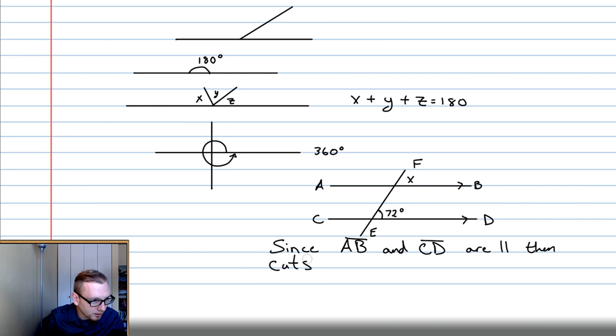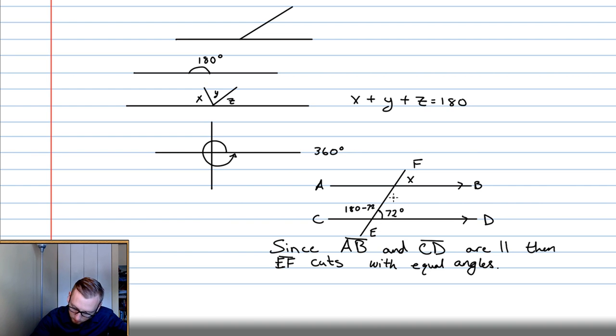Oops, I forgot to write the line. Then the line EF cuts the parallel lines with equal angles. Which means, so we know that this is 72. This angle here is 180 minus 72.